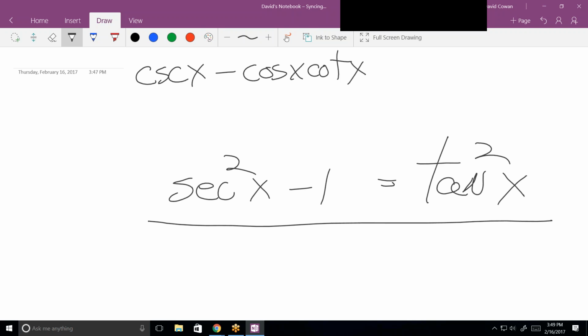I would have to find a common denominator on the left, and I would have to switch this tangent into sine squared over cosine squared. It would just be ridiculously much harder. Whereas if I know my Pythagorean identity, I know that secant squared x minus 1 equals tangent squared x. So in one step, I verify the thing, whereas if I had to turn everything into sines and cosines, it might take me 3 or 4 steps.